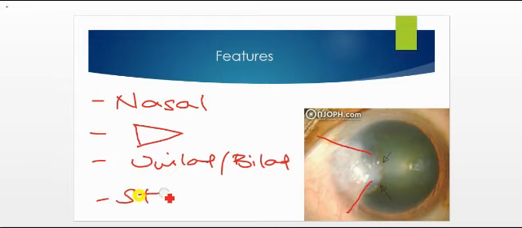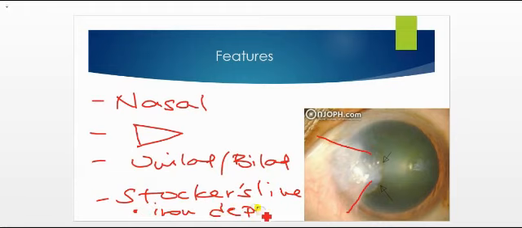Stocker's line is basically iron deposits on the corneal epithelium. As you can see, this is the cornea. So it is on the corneal epithelium anterior to the head of the pterygium. Obviously you're going to ask, what is the head of the pterygium?